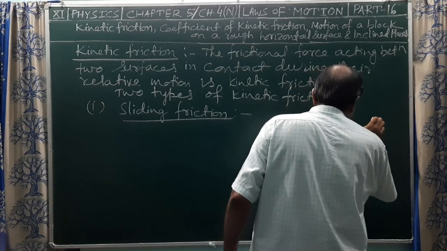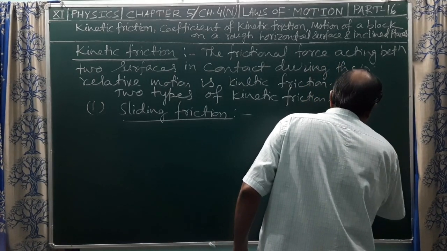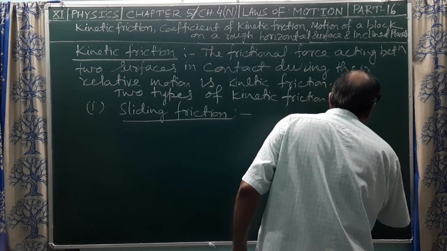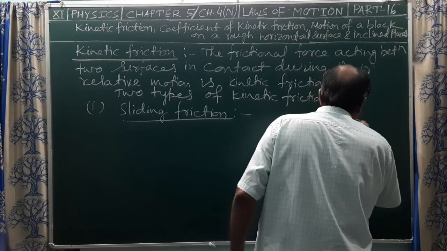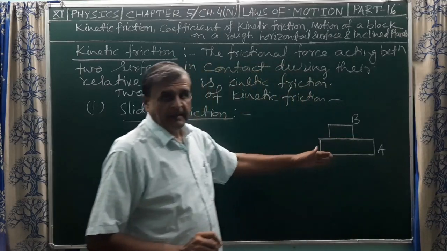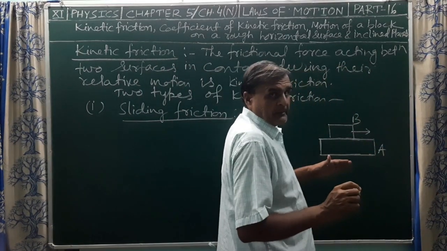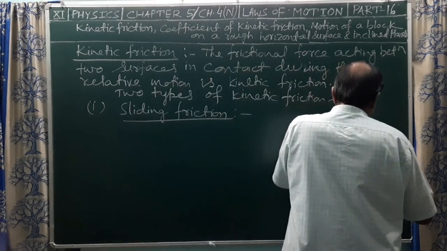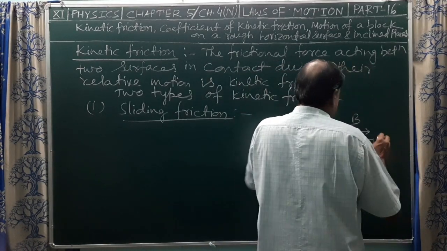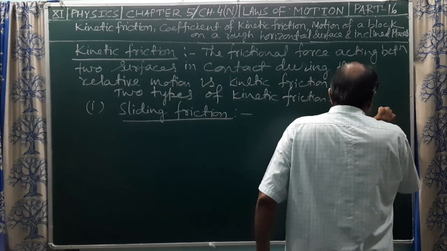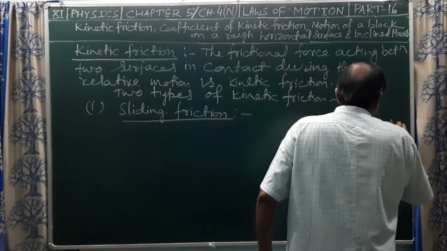Suppose block B moves or slides over the surface of the lower block A. B is in motion. B slides over the surface of block A, that is lower block A. Upper block is B. Block B is sliding.